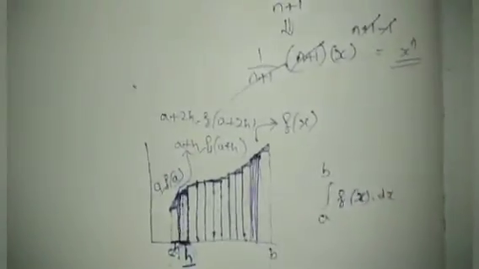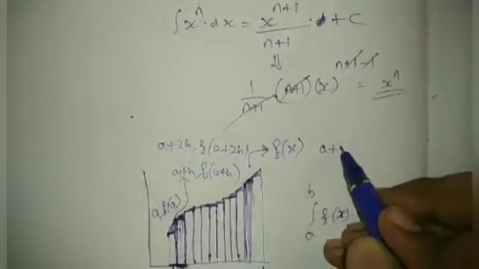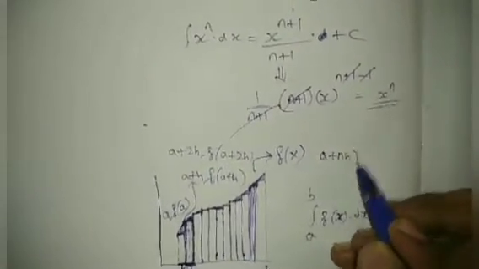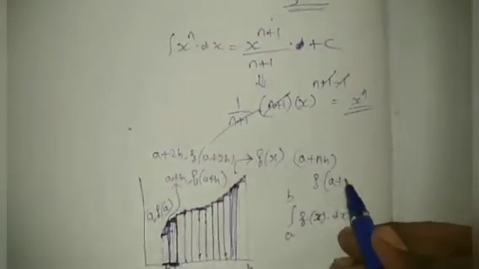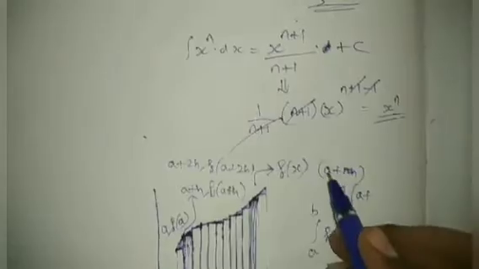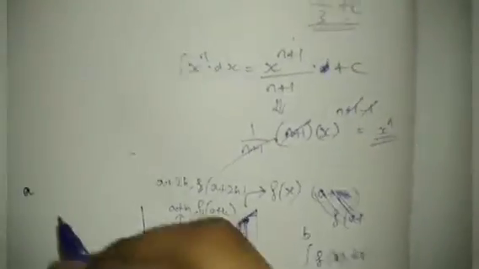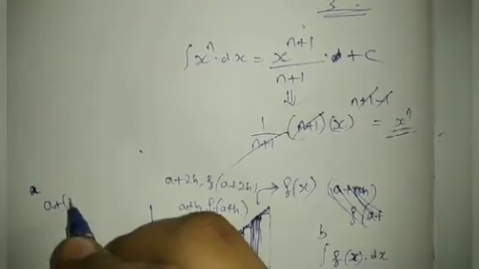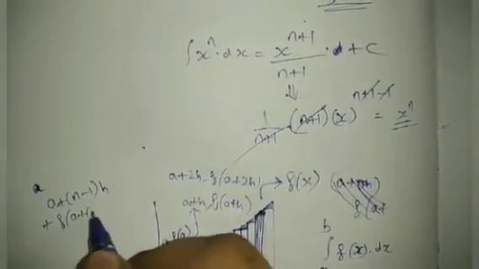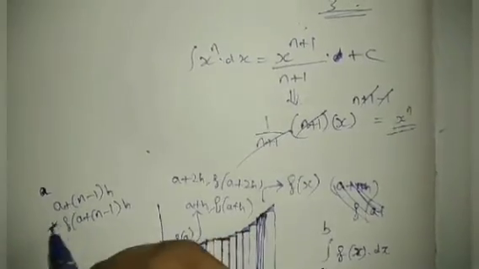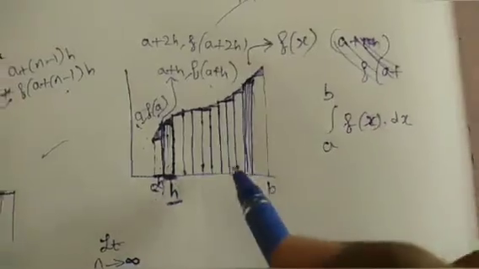Similarly it will go up to a plus nh comma f of a plus, oh sorry, once again, this is wrong. The last point will be a plus n minus 1 into h comma f of a plus n minus 1 into h, not plus, comma. So why is it n minus 1?